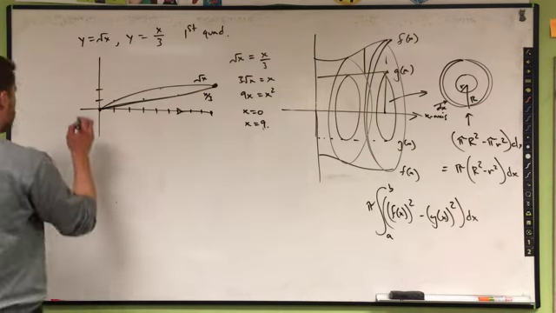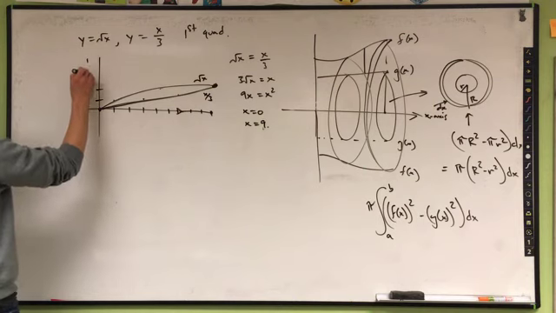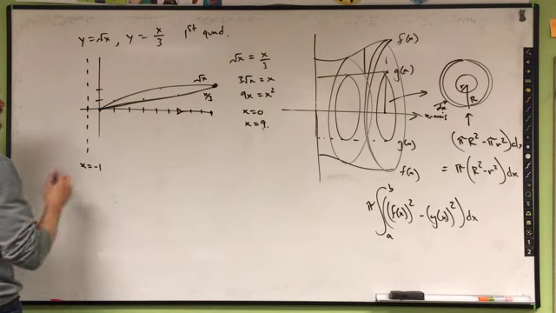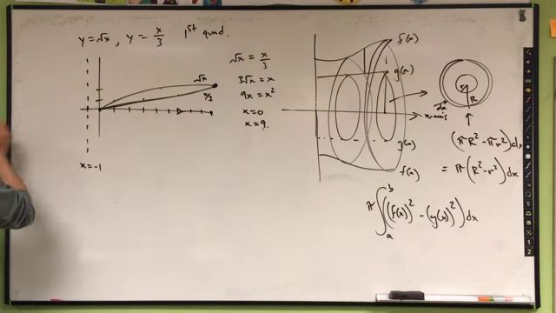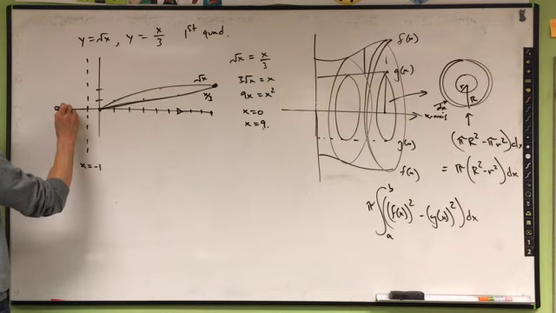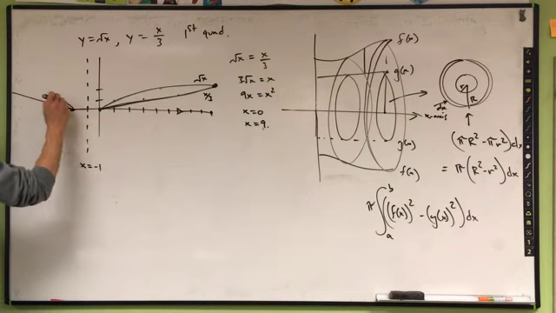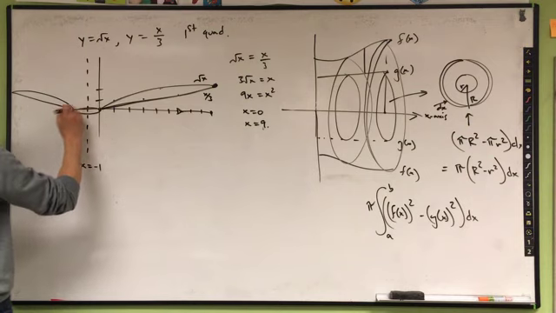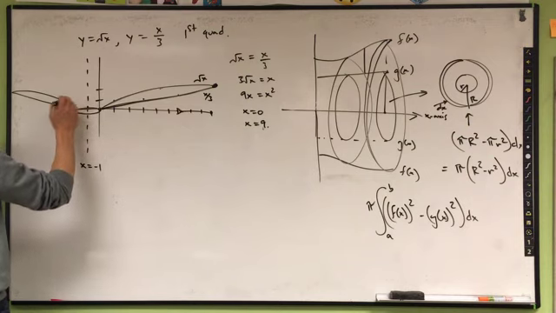x equals negative 1. So x equals negative 1 is right here. We're going to revolve this thing around that axis. And so it comes all the way over like so, right? And it creates this weird thing. It's got a big gap in the middle here, right?